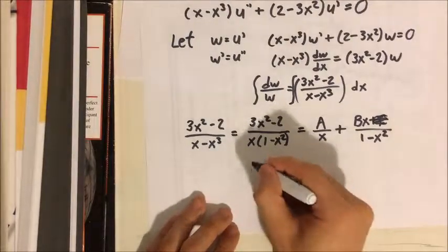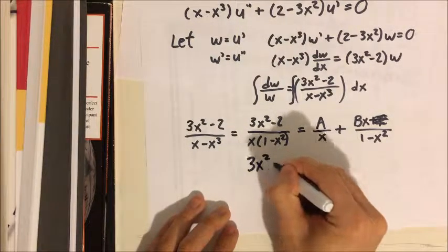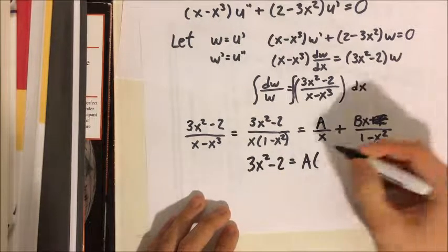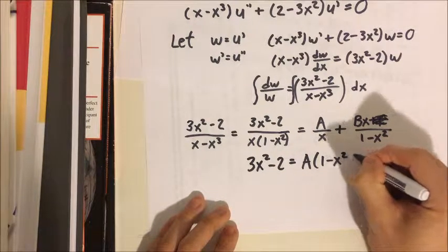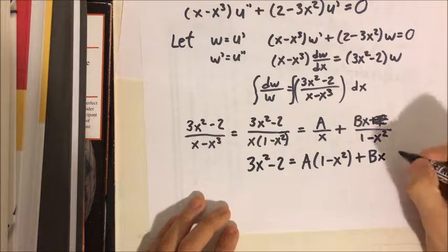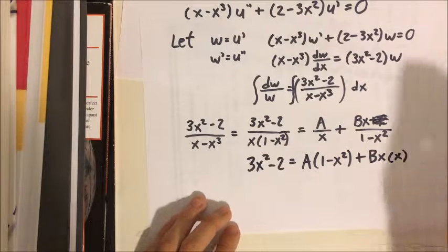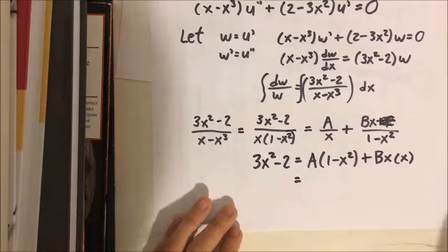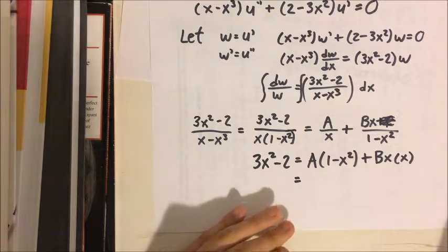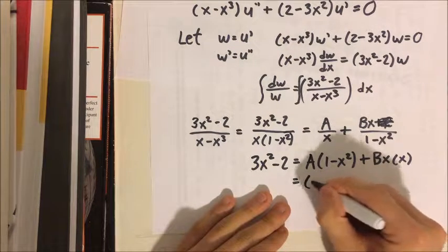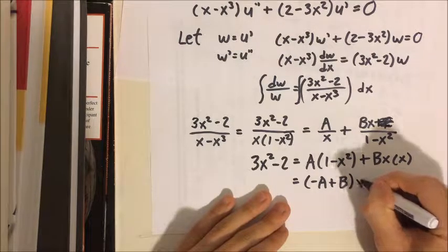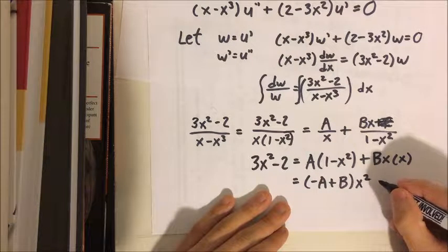So let's do it. 3x squared minus 2 is equal to a times (1 minus x squared) plus bx times x. And if we collect the powers of x into basically a polynomial form, we get (negative a plus b) times x squared plus a.